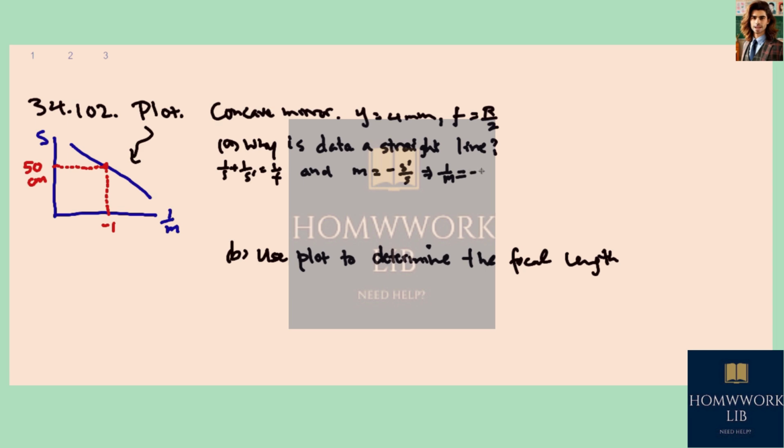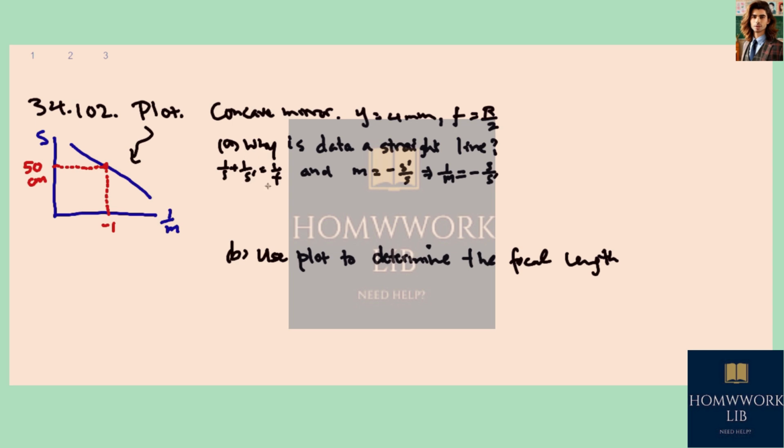So then 1 over m is minus s over s prime. Okay, and what I'll do now is solve this first equation for s prime and then substitute it in here so that I have an equation that just depends on s, m, and my constant f, right? So then I can have something that gives me s as a function of m, or 1 over m rather.